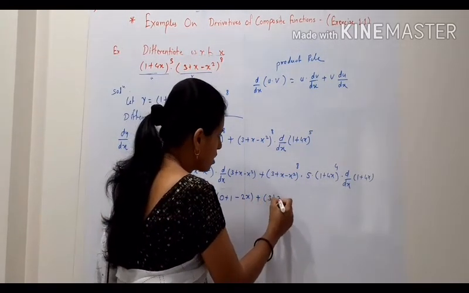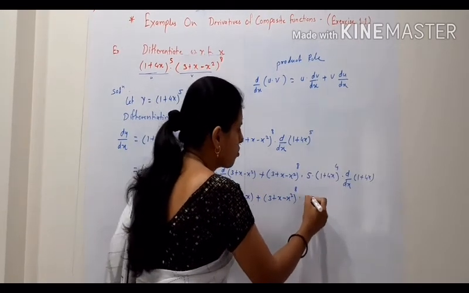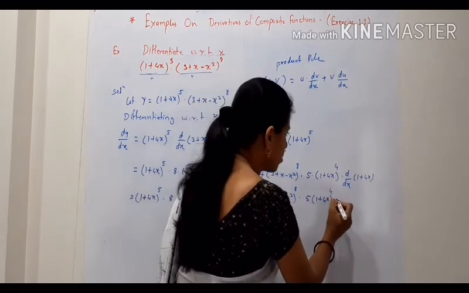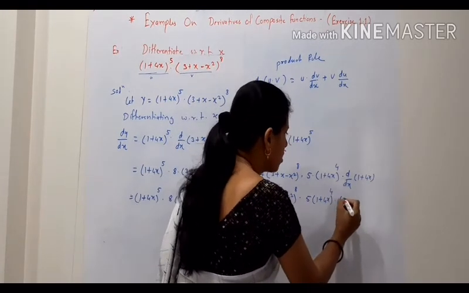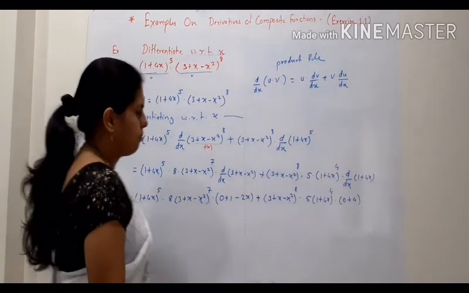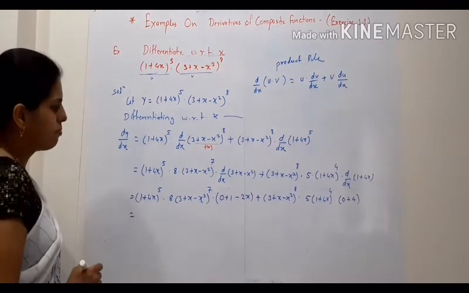Plus (3 + x - x square) raised to 8 into 5 into (1 + 4x) raised to 4 as it is, into derivative of 1 is 0, derivative of 4x is 4. Now write this in the simplified form.